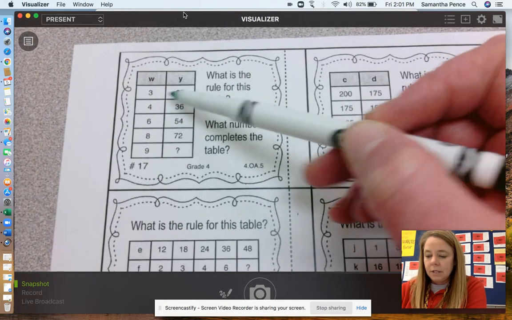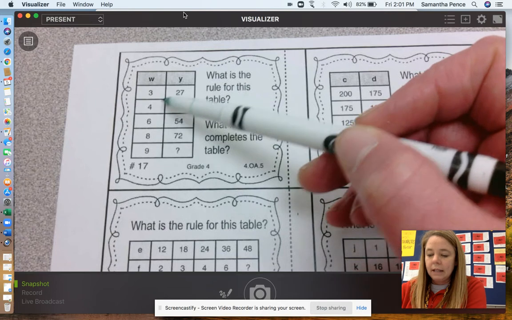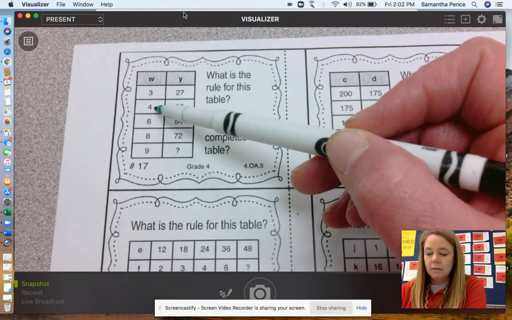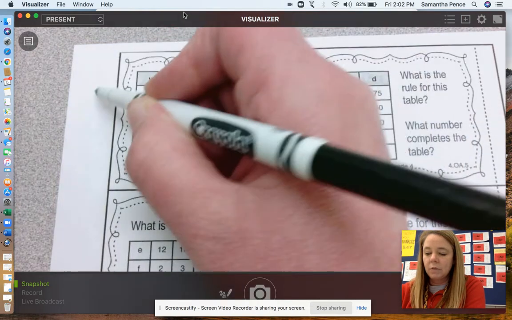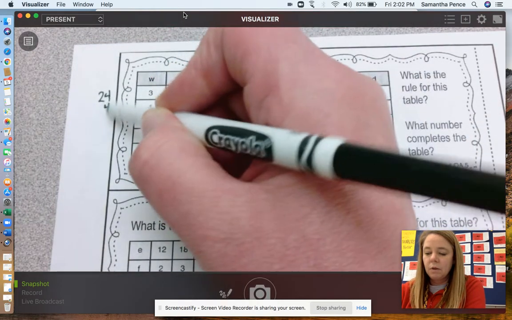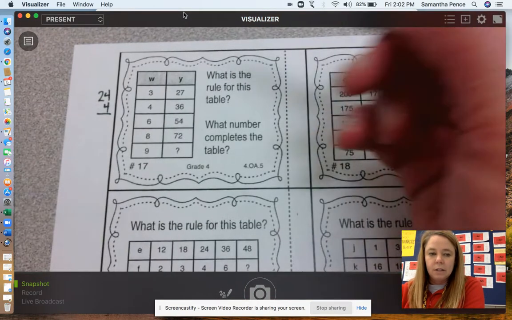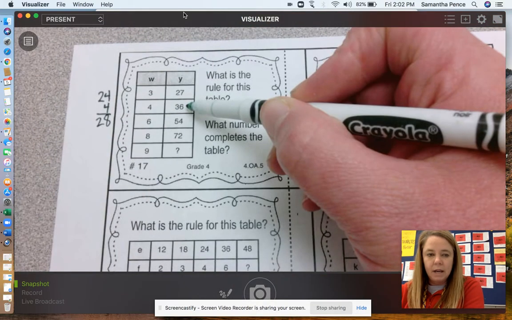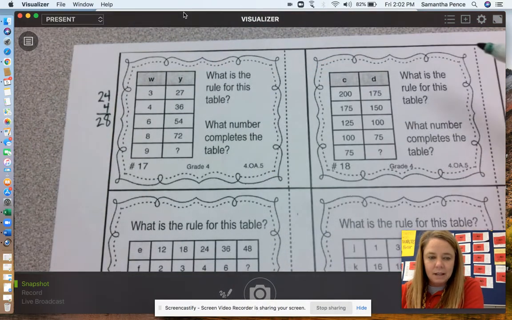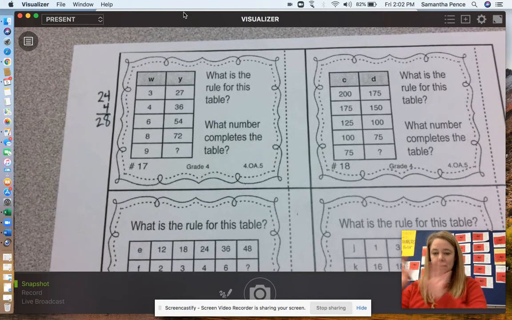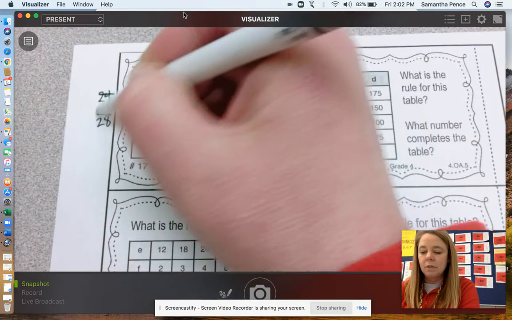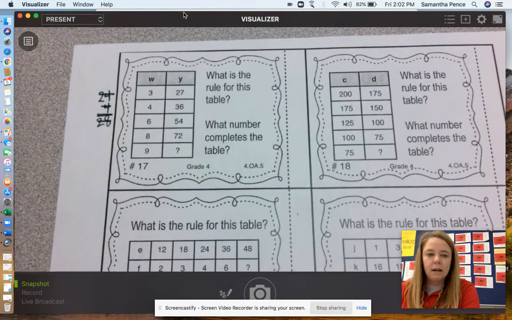Okay, so if we're saying that it's adding, then I'm going to look at the next row. If we say that we're going to add 24, I have 24 and I have 4 here. And 24 and 4 is going to be 28. But my output number is 36. And so my rule must not be adding 24. That must not be what my machine is doing. So I'm going to mark that out, and I'm going to do a little more thinking.